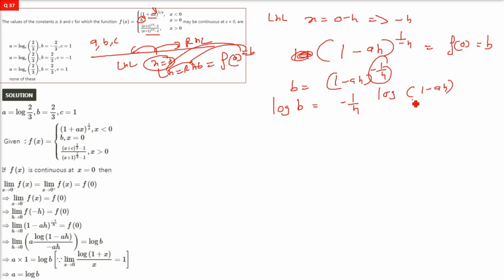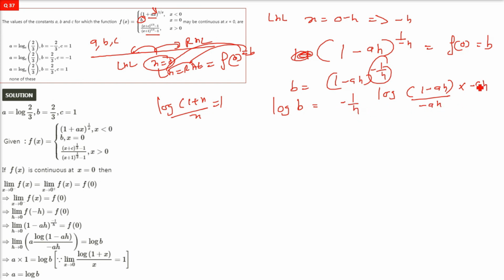Now you have to have a negative ah in the denominator and the negative ah in the numerator, since log(1 + x)/x is 1 as x tends to 0. But we already have a -1/h in the front, which has come there because we took the log.